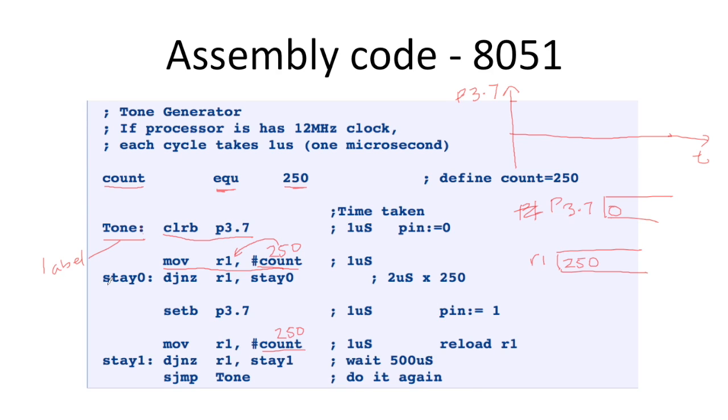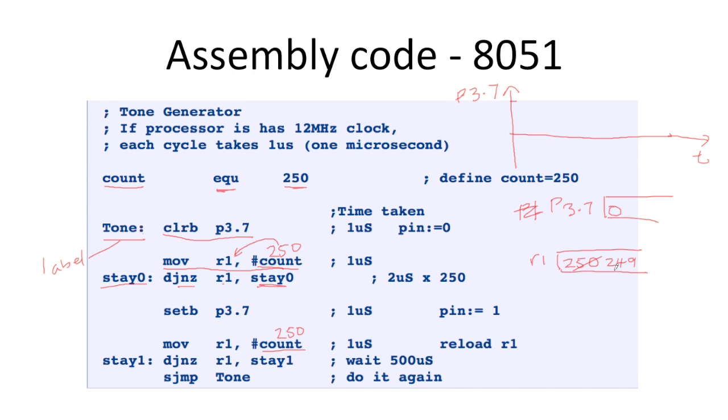This line of code is marked by the label stay 0, and this instruction simply reads: decrement the contents of R1 and jump to this line if the result is not equal to 0. So let's do that. It decrements this value, which now becomes 249, and since it is not equal to 0, it will jump back to this line which is stay 0.